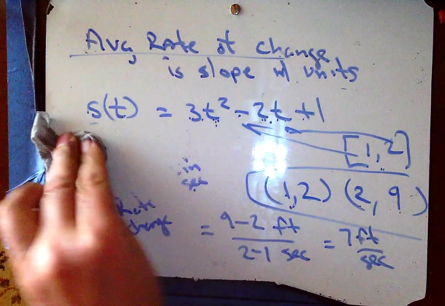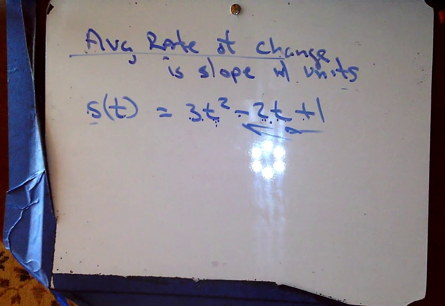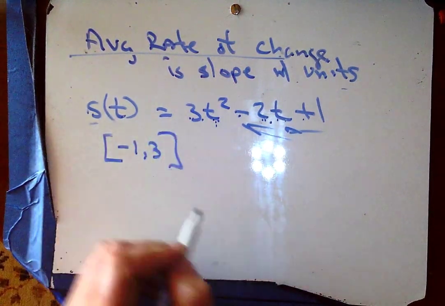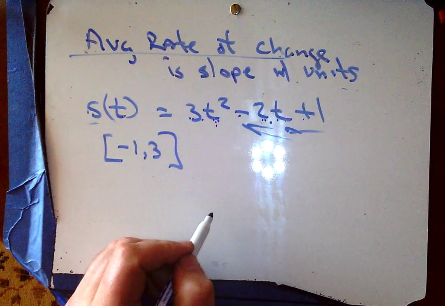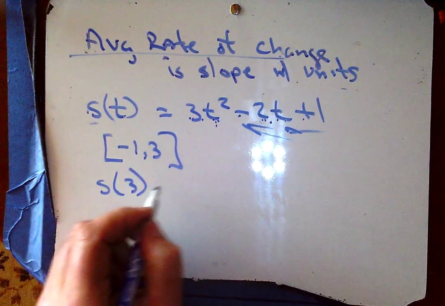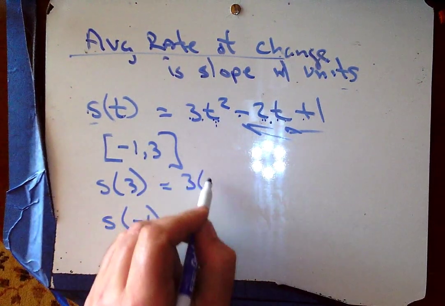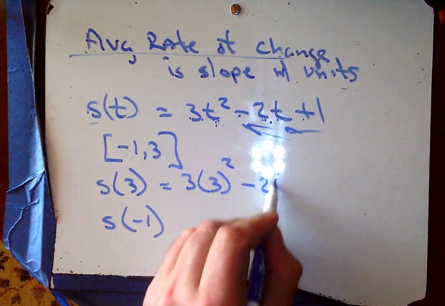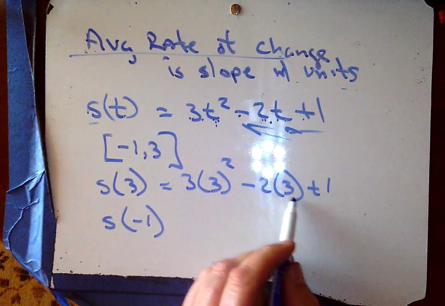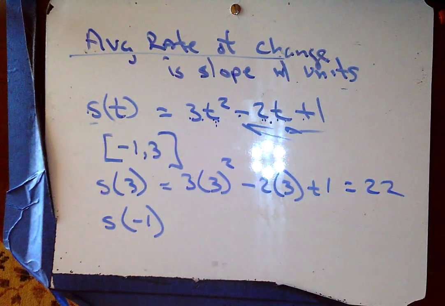What if we used an interval of -1 to 3? So I still need to do the same thing. I need to find s of 3. I need to find s of -1. That's 3 times 3 squared minus 2 times 3 plus 1. 27 minus 6 is 21, plus 1 is 22.